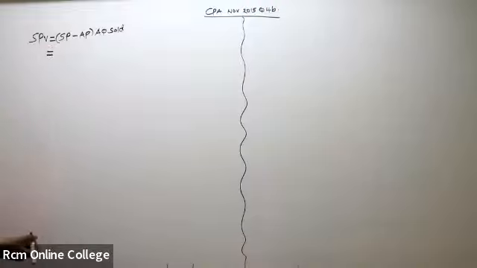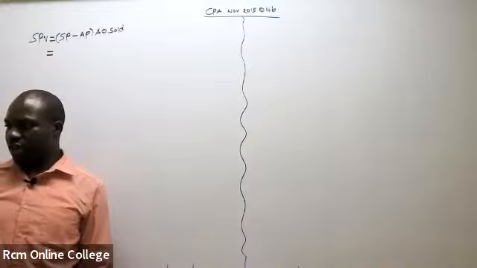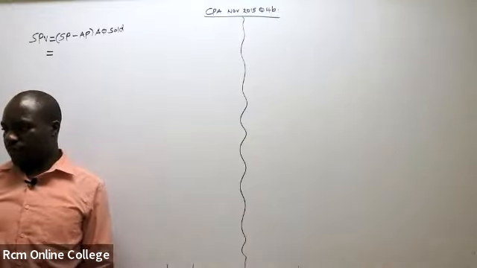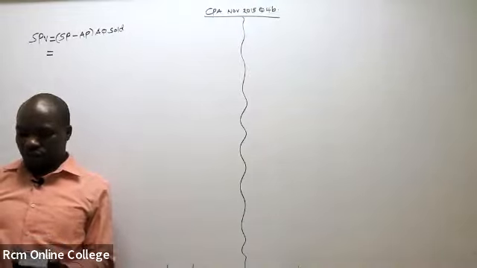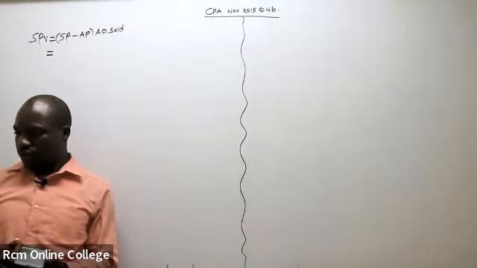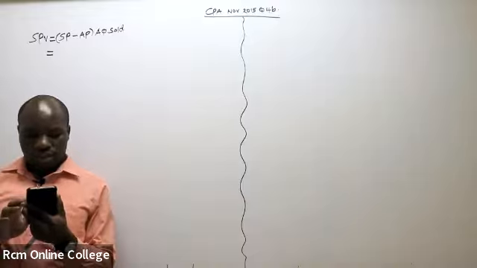Standard selling price. What was the standard or budgeted selling price per unit? Where is the budgeted selling price per unit? How much is it? People have forgotten, people are lost again.